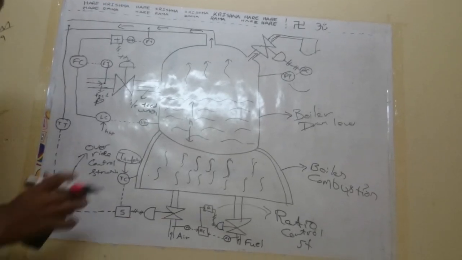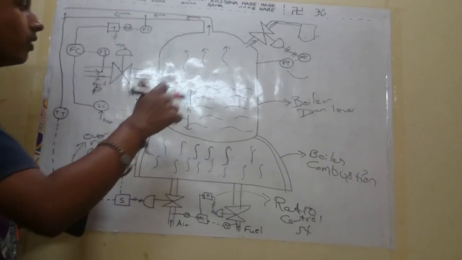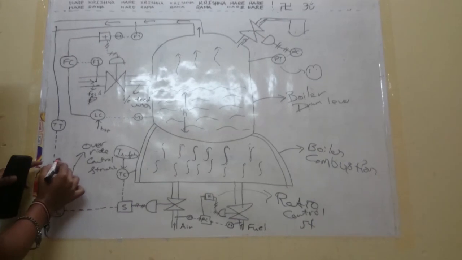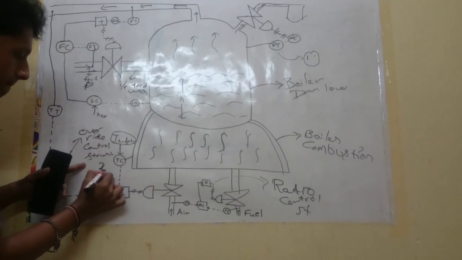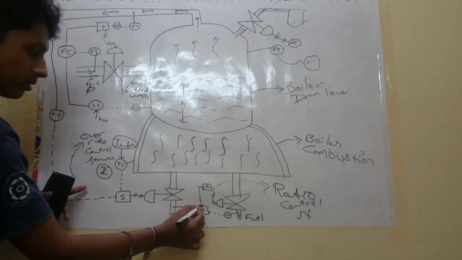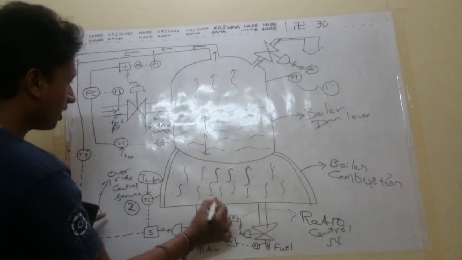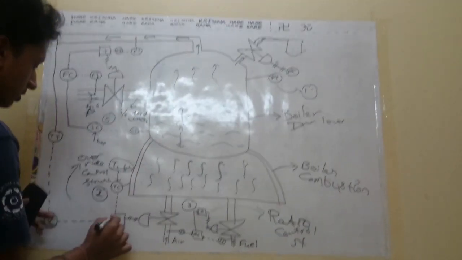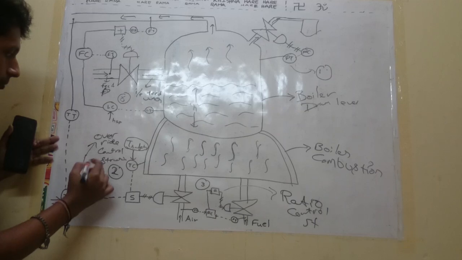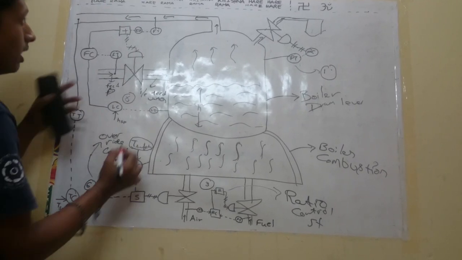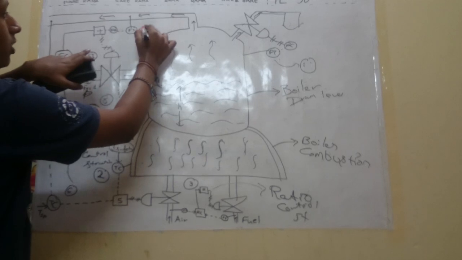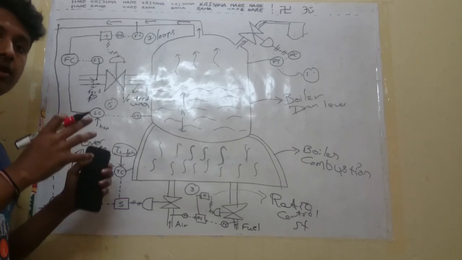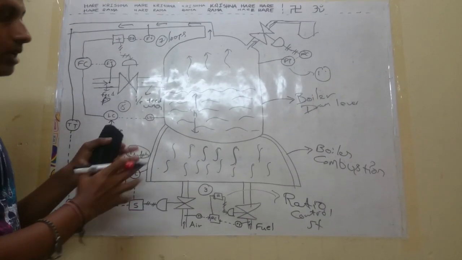Now there are so many loops here: one feedback loop, and the override control is one loop, total 2 loops, and ratio control is 1 loop, total 3 loops, and cascade control has 2 loops, so total 5 loops, and the feedback loop for temperature safety, total 6 loops, and the feed forward loop, total 7 loops. So we have 7 different types of loops to control boiler drum level and boiler combustion.